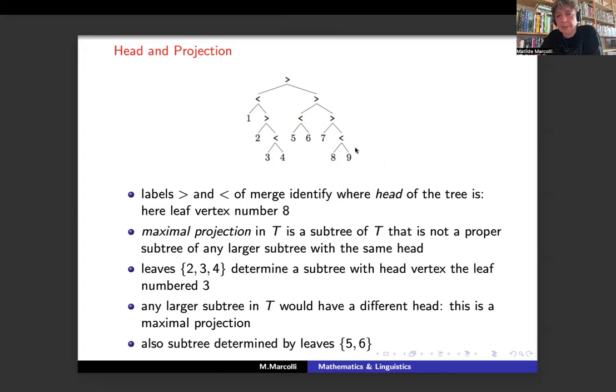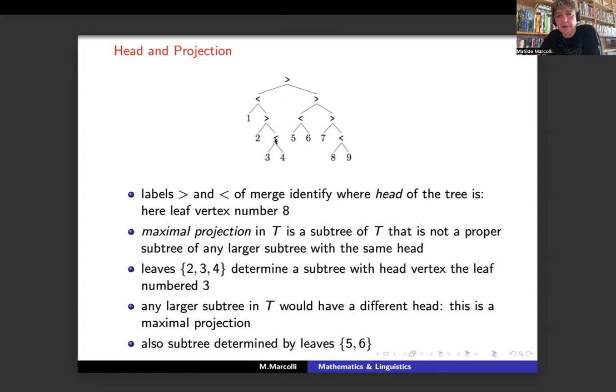If I go up one step and look at this whole substructure that includes the leaves 7, 8, and 9, then the head goes into this subtree, and then it goes again to 8. So this head projects up to this substructure, and it actually projects all the way up to the root of the tree.